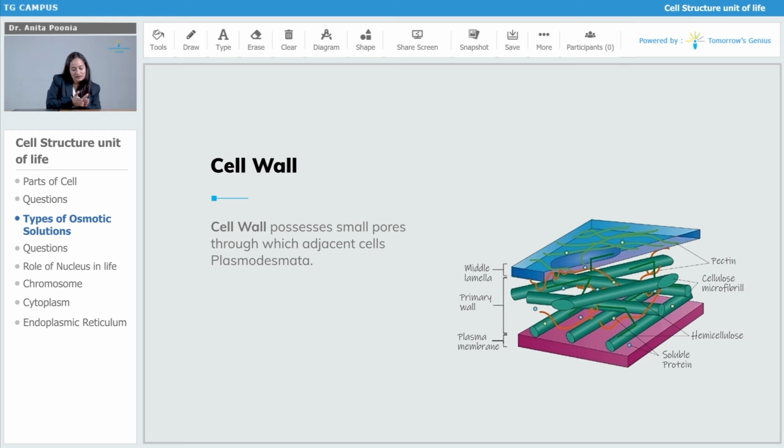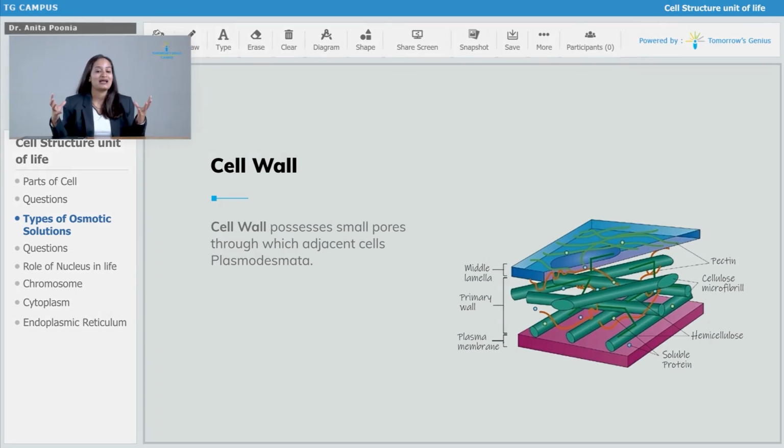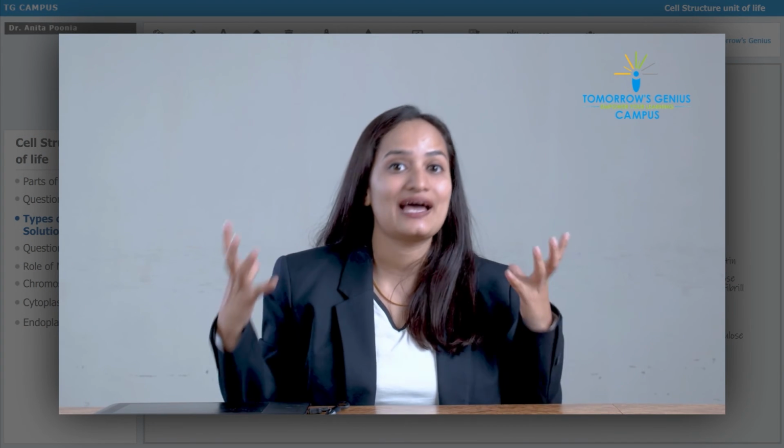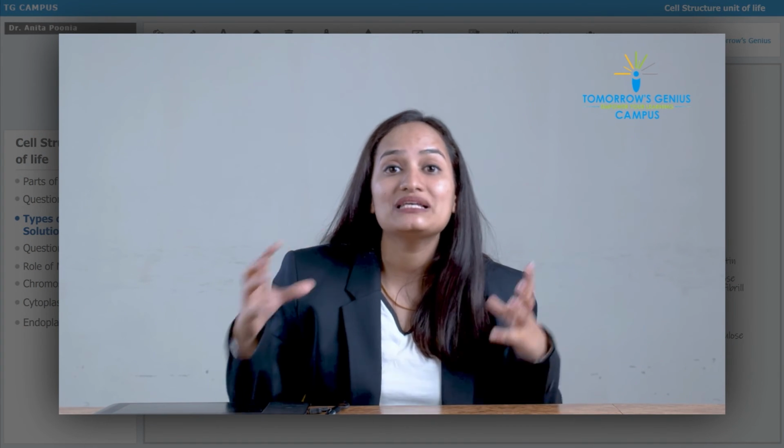Also, there are so many cells in a multicellular organism, right? So there has to be some communication between the cells. So the cell wall possesses small tiny pores through which the adjacent cells can communicate, and that is called plasmodesmata. With the help of these pores, the adjacent plant cells can communicate with each other.